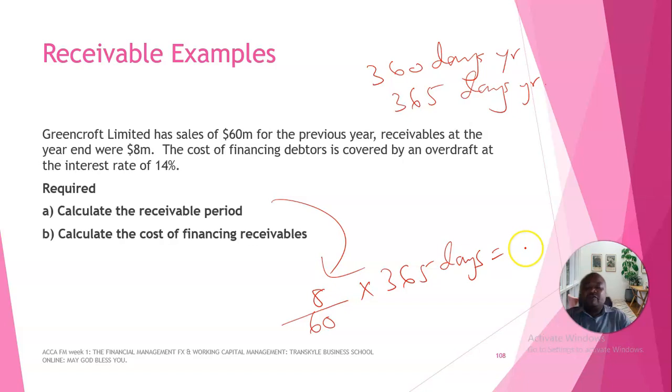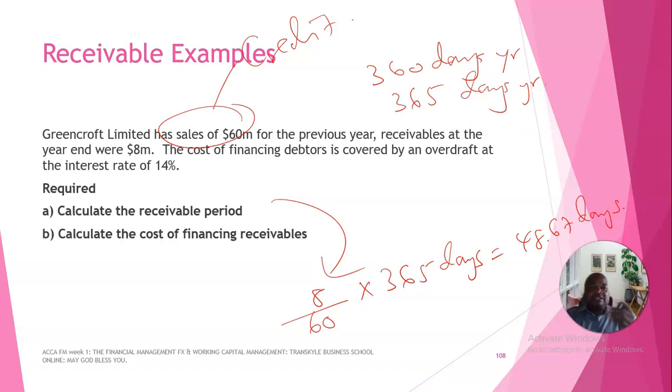So in this case, if we use our calculators, we are going to get 48.67 days. So that's the receivables divided by total credit sales. The receivables at the end of the year divided by the credit sales. So we just have to assume that these were on credit. The sales were on credit.